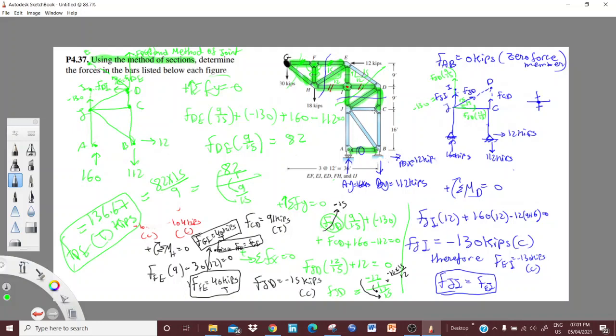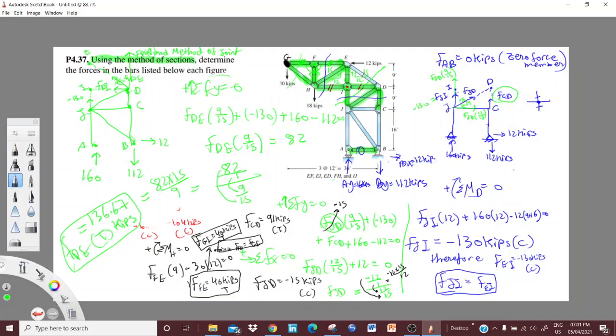Yeah, why not? We can find that easily. But we need to find CD. By resolving the force, because if you find here, you have one unknown, two unknown, three unknown.